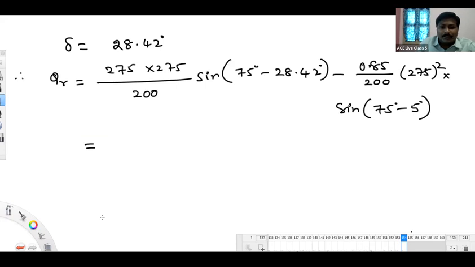That's the reactive power QR. So you will be getting this number like minus 27.4. It's in megavolt amperes reactive, kilo square mega. Reactive power means volt amperes reactive, so it is minus 27.4 MVAR. That's the reactive power Q.